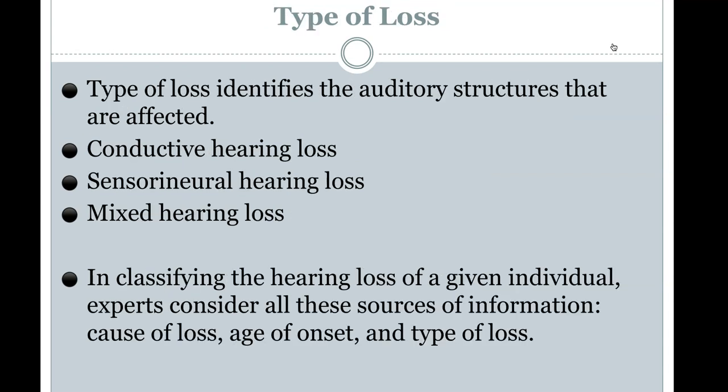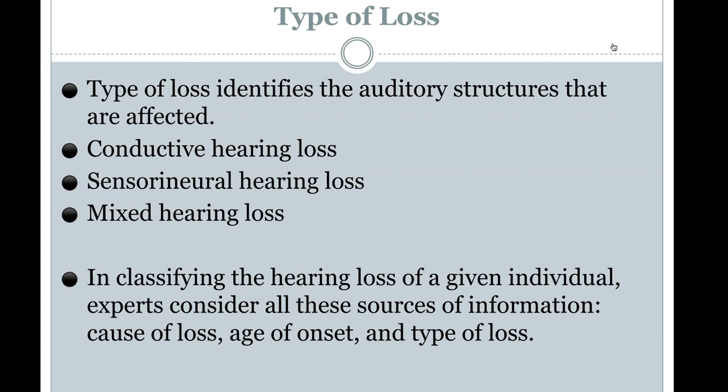Type of loss. Type of loss identifies the auditory structures that are affected. A conductive hearing loss is a loss which is caused by an issue with the outer or the middle ear. A sensorineural hearing loss is a loss that concerns the inner ear or the auditory nerve.